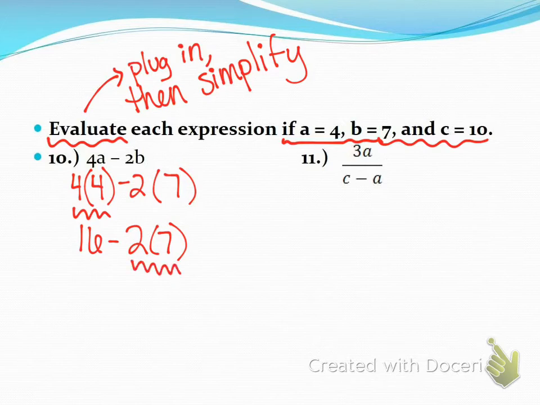Good. So do not subtract. We're not done with our multiplication division step. Do not subtract yet. We got to get all the multiplication and division done before we do any addition or subtraction. My last step is to subtract. 16 minus 14 gives me what? 2.